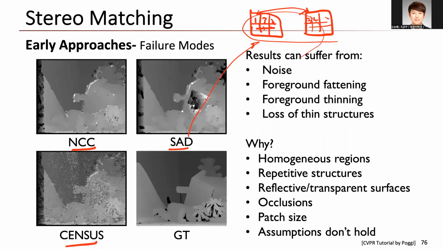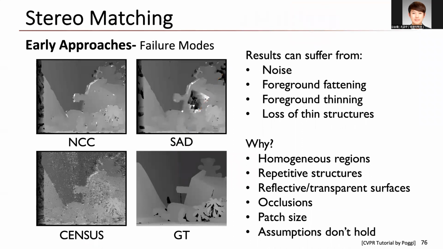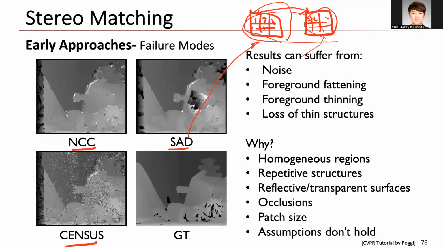This is a very, very simple way to measure the similarity between two patches. But techniques like that can suffer from noise, foreground flattening, blah blah blah. Why? Homogeneous regions or repeated structures, occlusion, patch sensitivity.